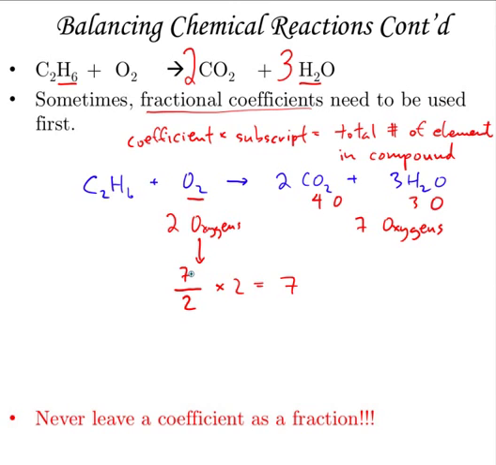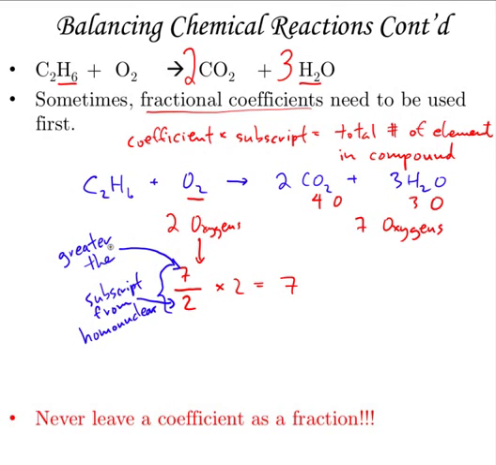And so it's very simple, everybody. When you have an even-odd pair, you will always use a fractional coefficient. Basically, the bottom number is going to be the subscript from the homonuclear compound, and the top number is always going to be the greater number, what you are trying to get the homonuclear compound up to.